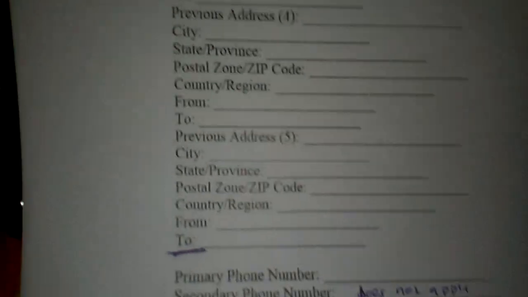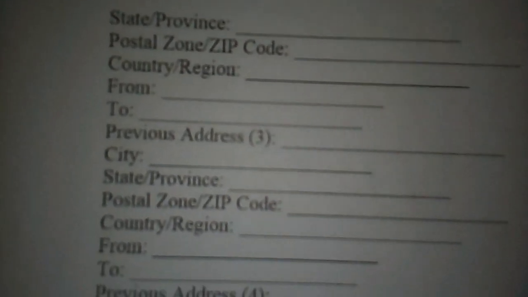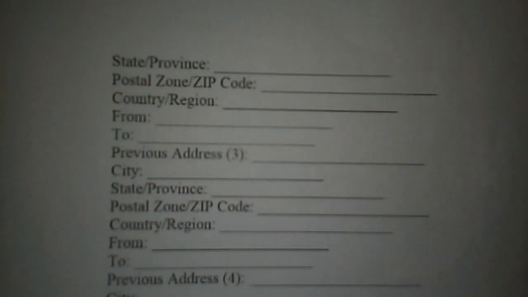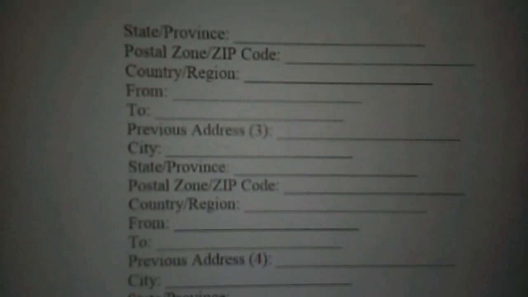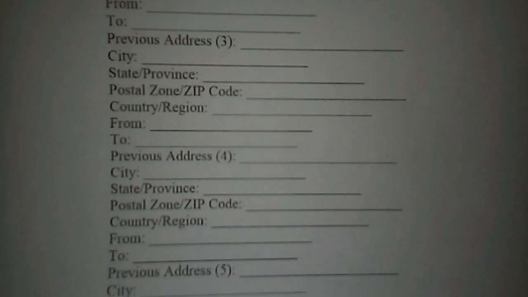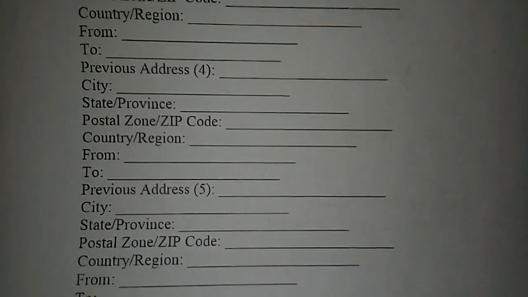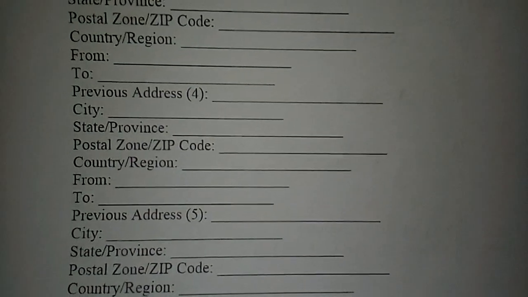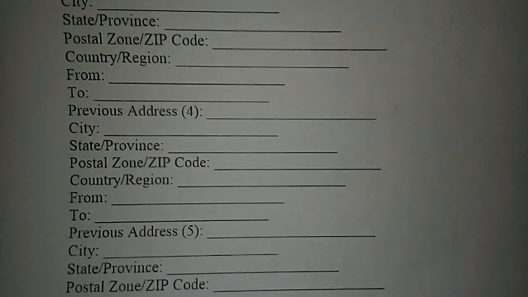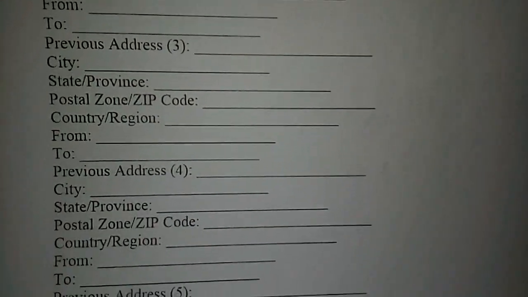As you can see here, there's previous address 1 and 2, so this is the third previous address, a maximum of around 5 previous addresses. So that's only if you have them. If you don't have them, you only click does not apply.